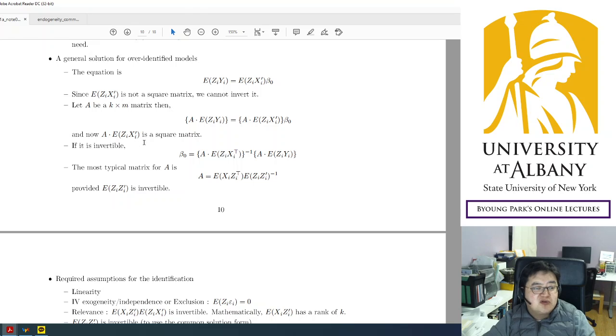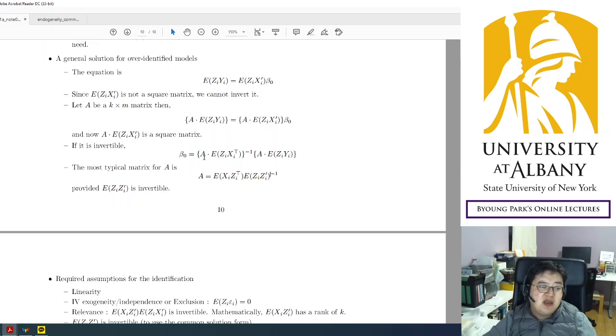Then I'm going to do a spoiler. Later, you are going to see that the common choice for the matrix A is this one. This is the most common choice of A, and if you plug it in, you get a solution, and that is what we are going to use in the estimator.